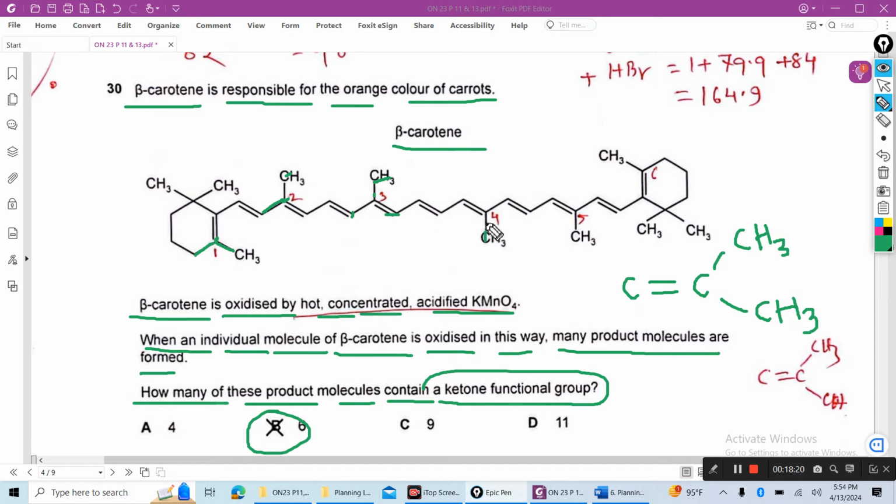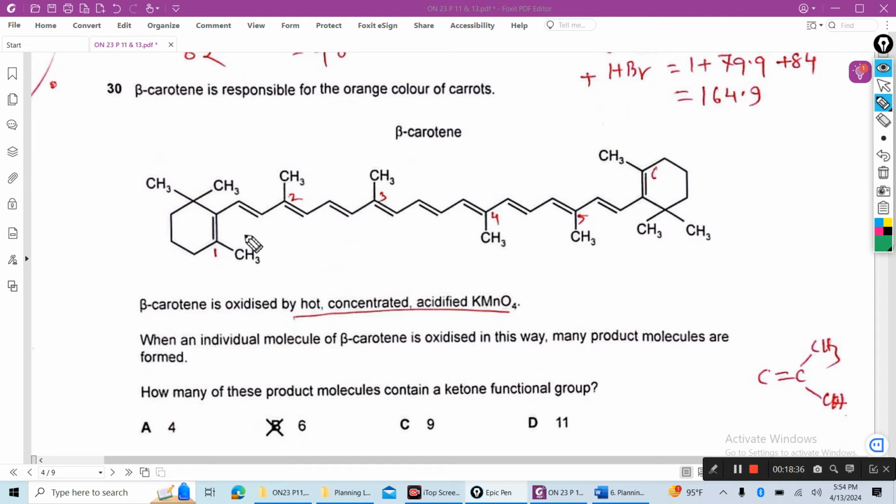This carbon methyl and methyl, 4. This carbon methyl, and this carbon methyl.